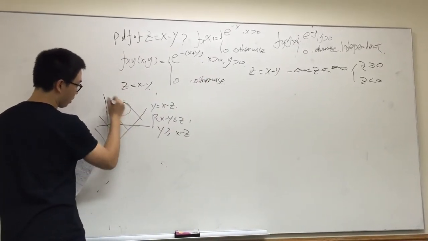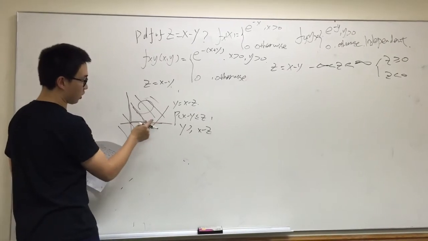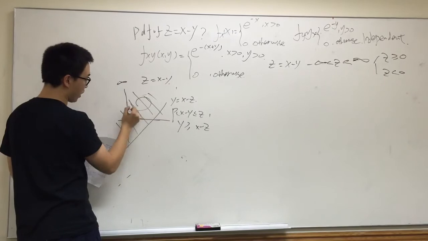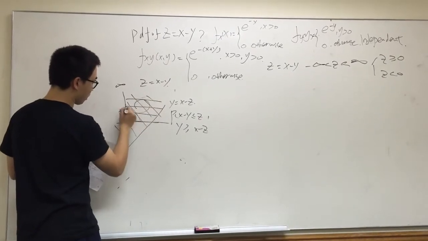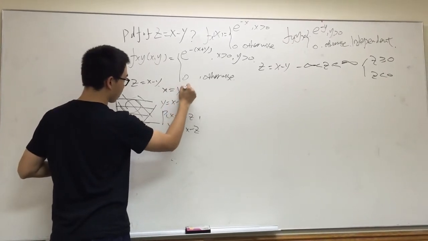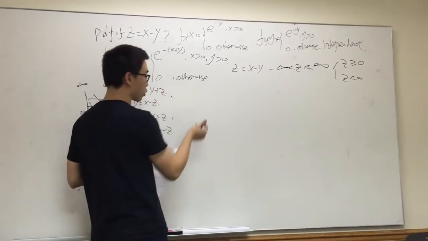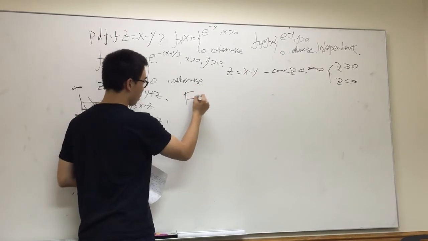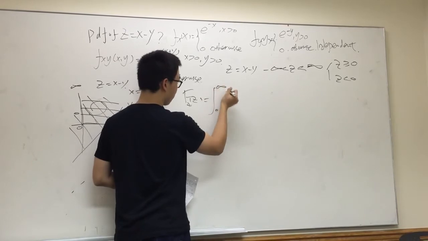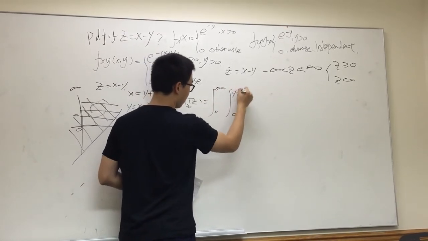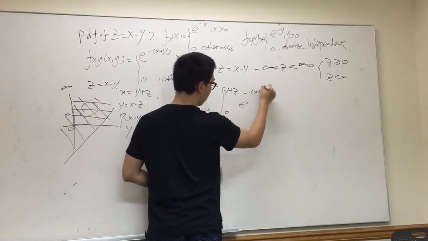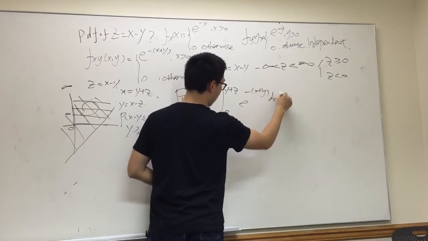So this part is the region, and we can find that y is from 0 to infinity, and x is from 0 to y plus z. The distribution function F_Z(z) when z is greater than 0 is the integral from 0 to infinity, from 0 to y plus z, of e to the minus (x plus y) dx dy.